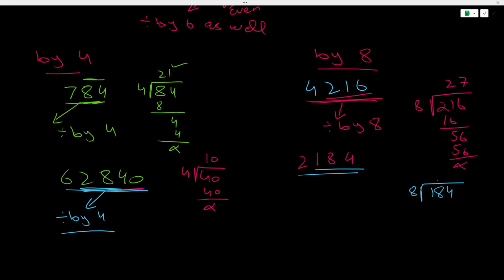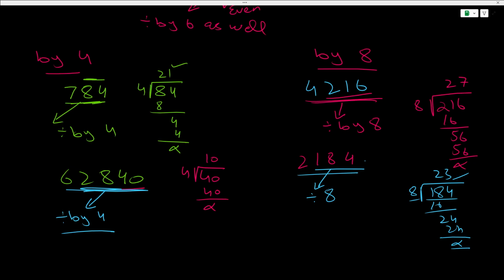So we will start dividing it by 8. 8 times 2, 16. 2 remainder, 4. 8 times 3, 24. So there is no remainder, that's exactly divisible by 8. This 184 is exactly divisible by 8. We say this number is exactly divisible by 8, or we can say 8 can divide this number.